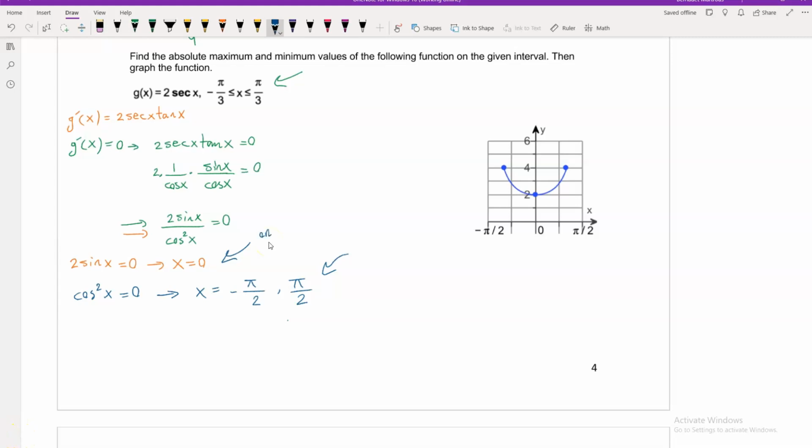So we only have one critical point, at x equal to 0. We're not going to use these two to evaluate g of x.